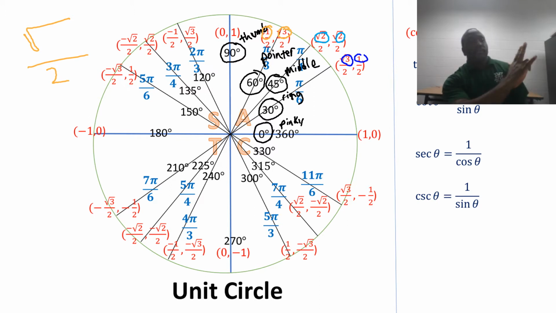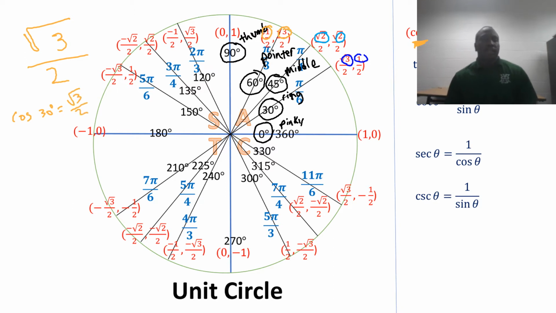Remember the cosine comes first in our ordered pair. So I look at my hand and I have 3 as my first value. So that means that the cosine of 30 degrees is going to be square root of 3 over 2.